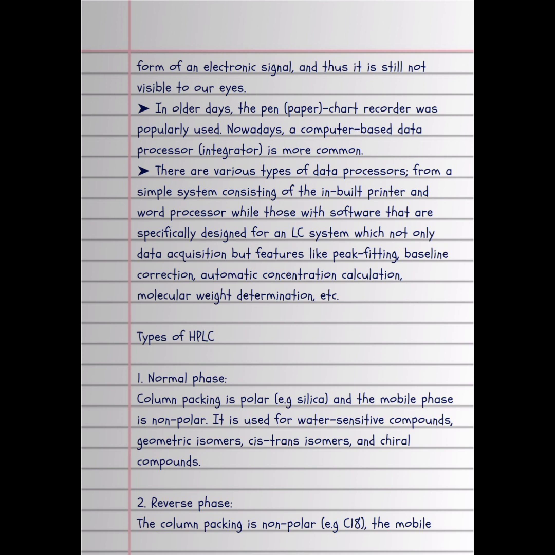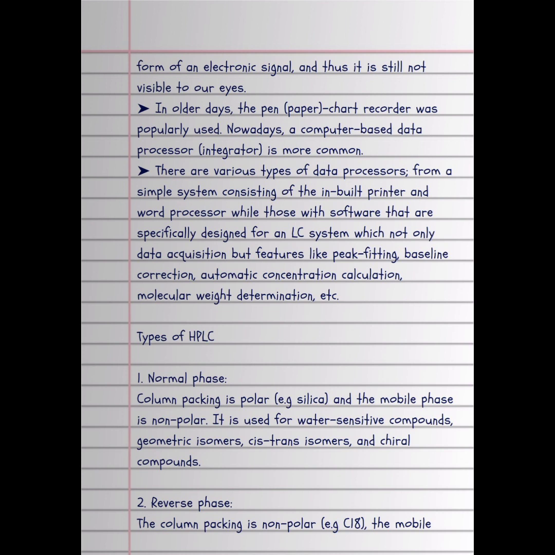There are various types of data processors, from a simple system consisting of the inbuilt printer and word processor, to those with software specifically designed for an LC system, which offers not only data acquisition but features like peak fitting, baseline correction, automatic concentration calculation, molecular weight determination, etc.